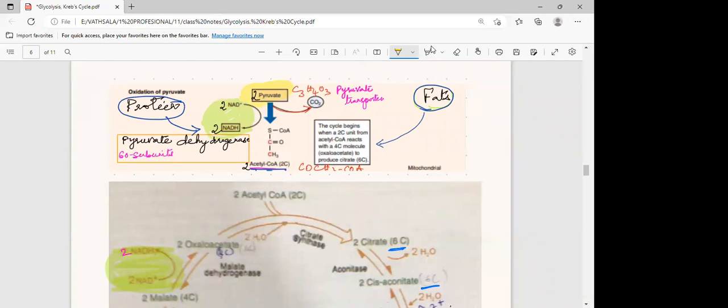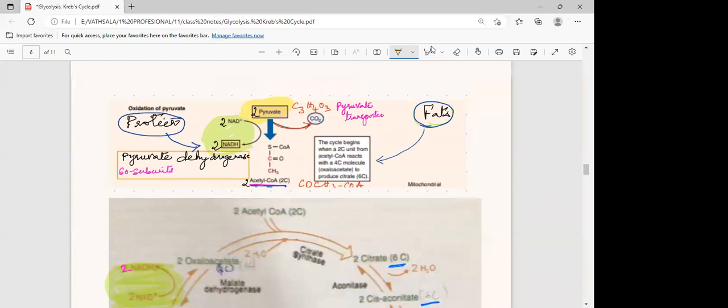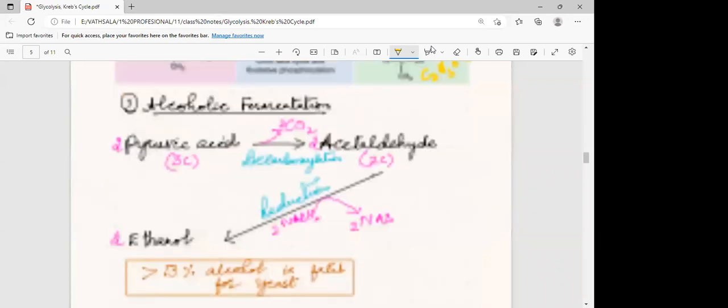Carbon dioxide is removed and what is left is added to coenzyme A to form what? Acetyl-CoA. So carbon dioxide is removed. When CO2 is removed, what is left?